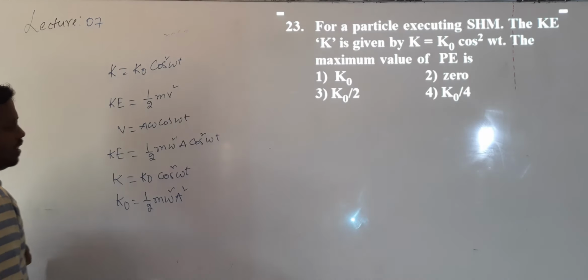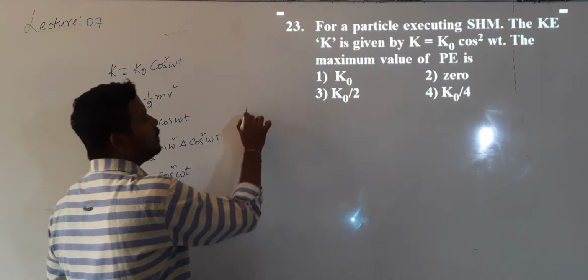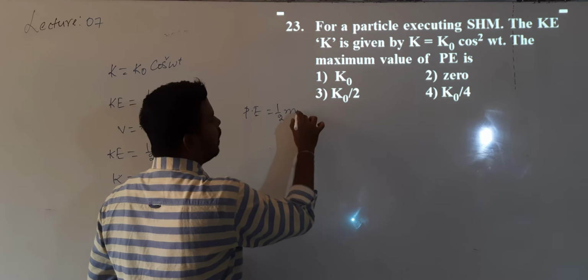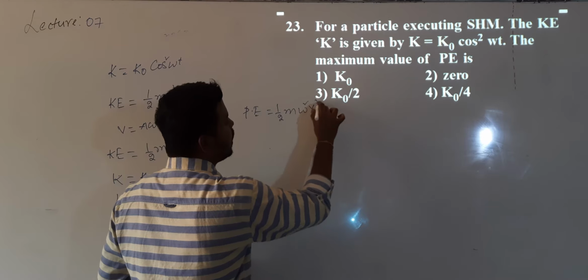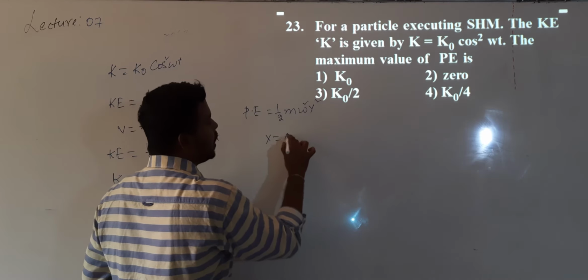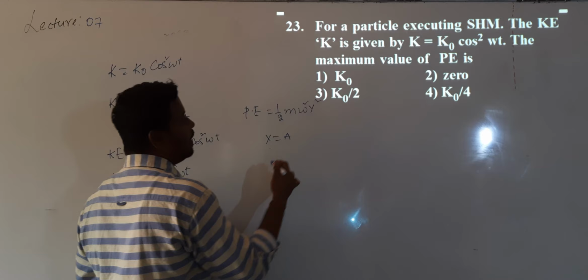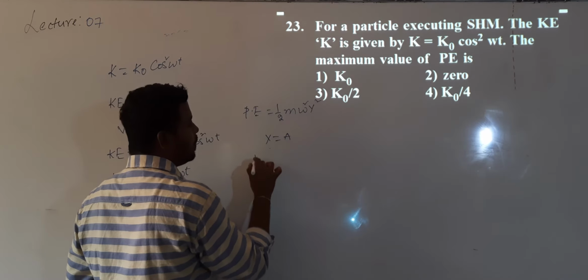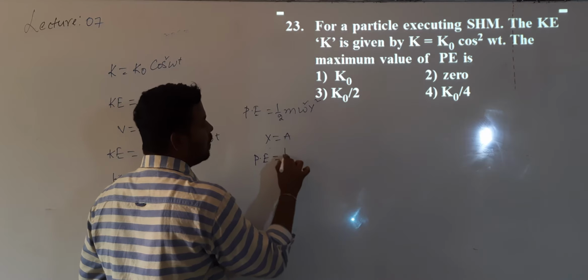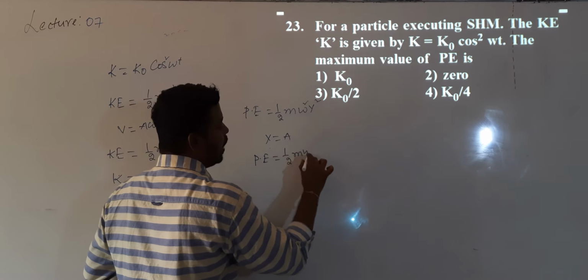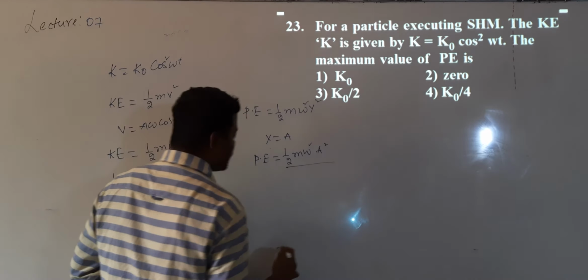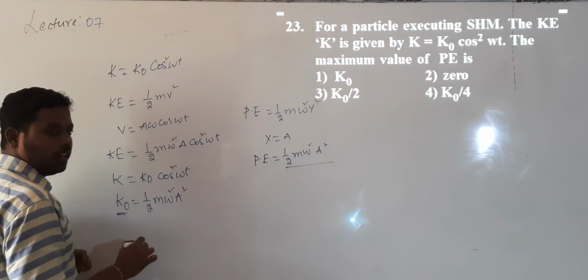Right or not? So what is the potential energy formula? Potential energy is equal to 1 by 2 into m into omega square into y square. Potential energy is maximum at extreme position, where y is a, so the value is 1 by 2 into m omega square into a square. This 1 by 2 m omega square a square is equal to K naught.